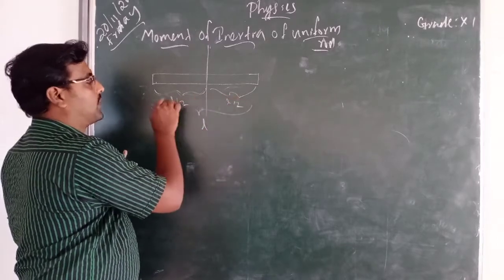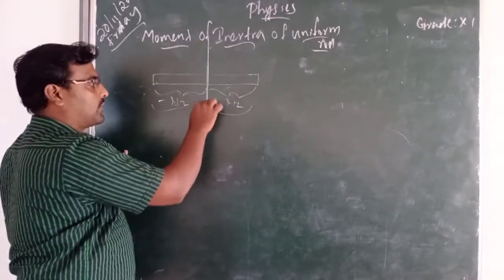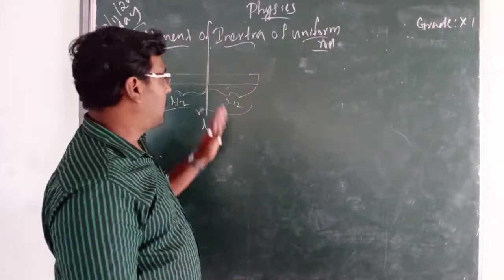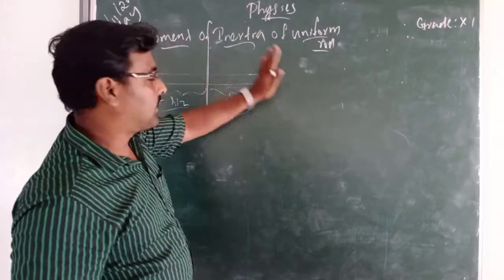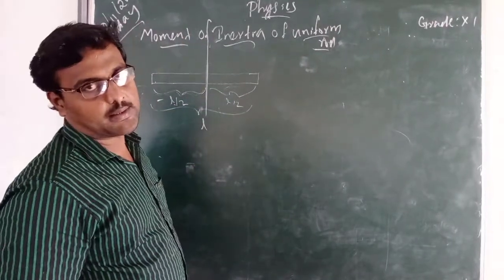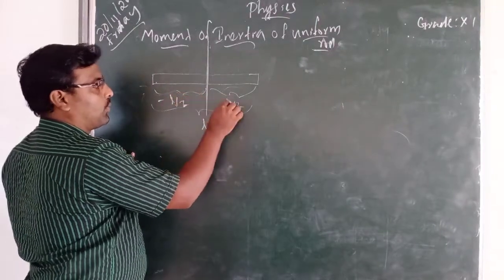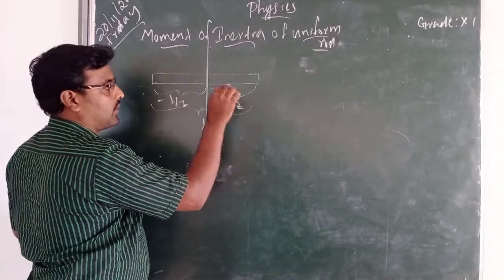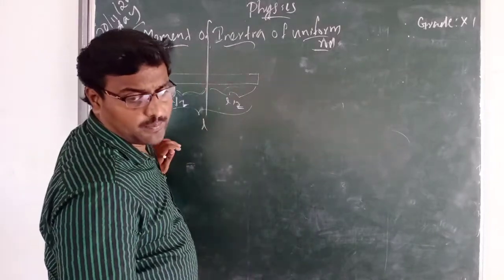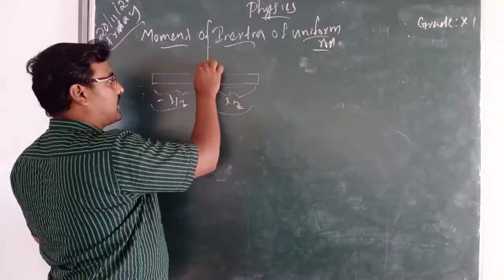When we take the coordinate system, this side is the negative x-axis and this side is the positive x-axis. So minus L by 2 to plus L by 2, and this is the origin.